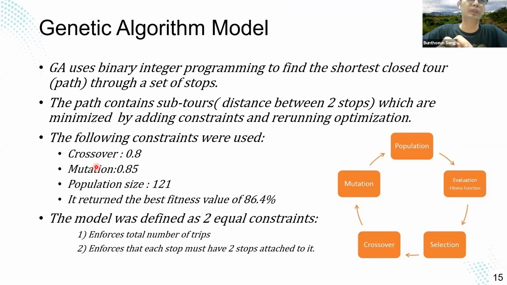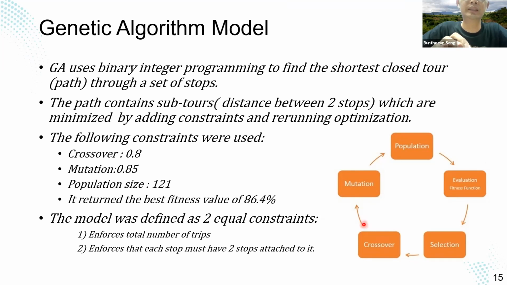The first one is the crossover of 0.8, then the mutation of 0.85, and the population size of 121. If you wonder what crossover is, crossover is the combination of 2 bus stops to generate 1 new solution, whereas mutation is the random selection of those bus stops, of all the bus stops, to generate 1 solution. And population is the possible solutions in a given problem.